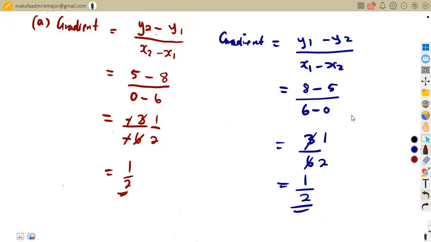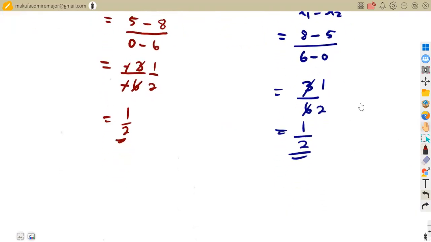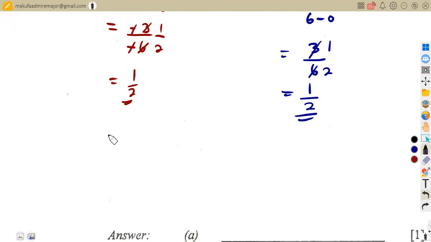What is the idea that we take from lines that are parallel to each other? If two lines are parallel, they have the same gradient. So what we are going to take there is M, the gradient, of 1/2, because these two lines are parallel. Remember I said M indicates the gradient. So our gradient there is going to be 1/2.